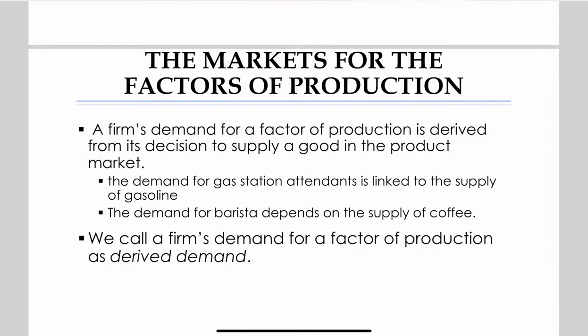And you could also imagine that if the supply of coffee is higher, then the demand for baristas at Starbucks will be higher, right? So basically a firm's demand for factors is based on its supply. That's why we call a firm's demand for factors derived demand, because this demand is derived from the firm's supply decisions.